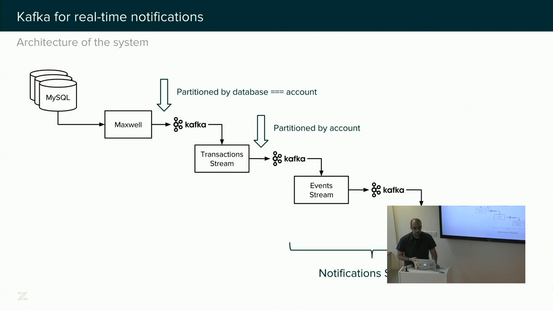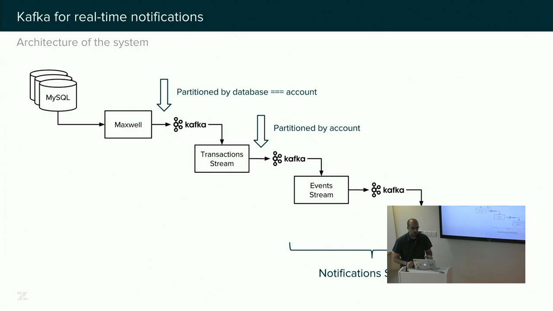So some of the challenges that we had from the very beginning, some of those already addressed by Andre, were that we had to process all those events from the database in the same order that they were happening and read from the bin log. So the way Maxwell approached this was by partitioning this data that goes into Kafka according to a specific partition key. In Zendesk, because of the way we shard our databases, all data regarding an account always goes to the same shard.